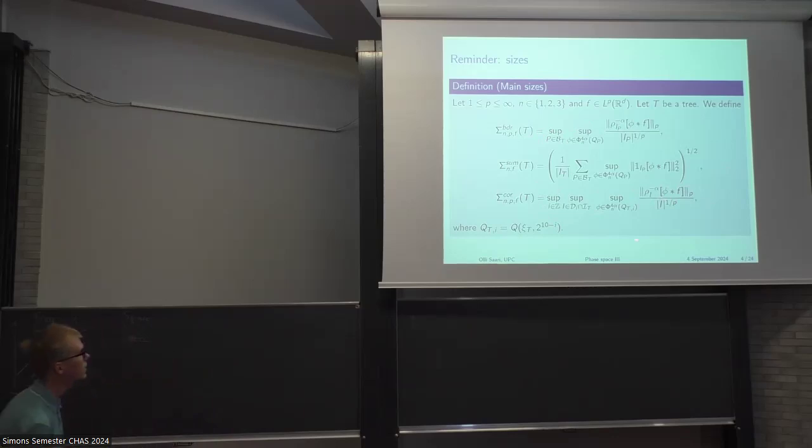Here we have a family of multipliers whose Fourier transforms are basically adapted to a certain box. And this box is defined here. We take a big square around the top frequency.